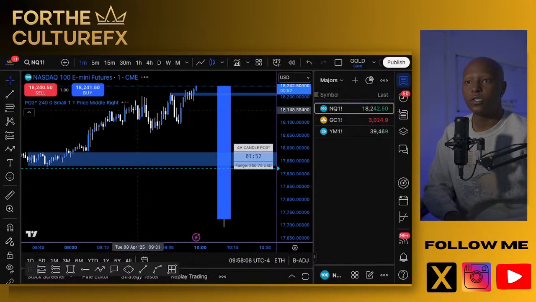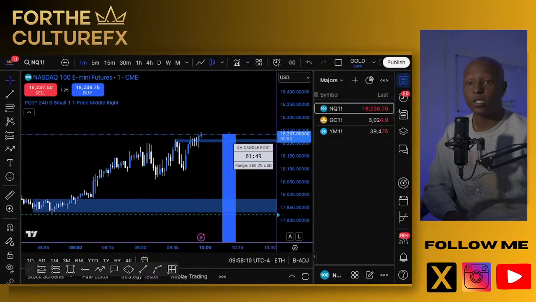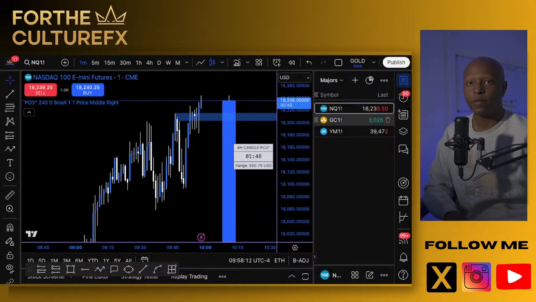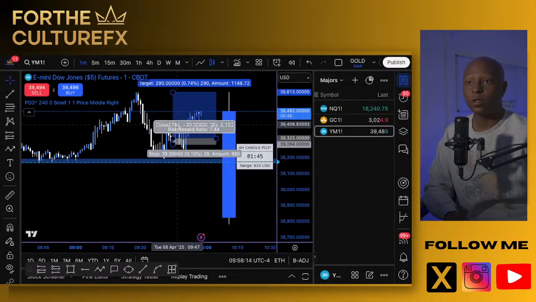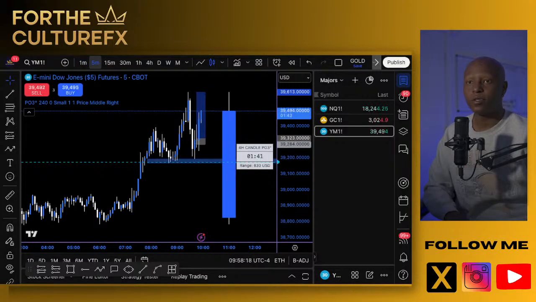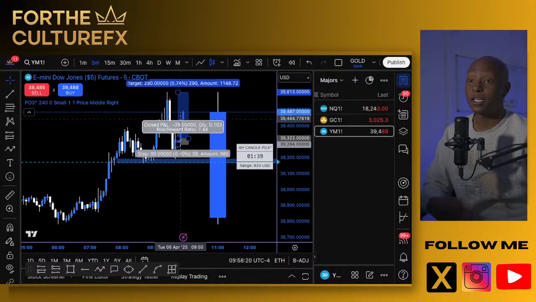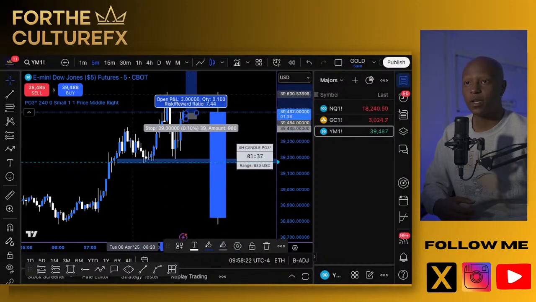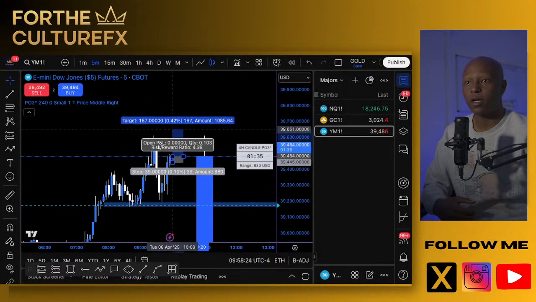In NQ, you can see this 5-minute candle just flipped bullish as anticipated. Price flipped bullish, continues pushing up. This 5-minute candle is bullish, so I may look to just scale into this next 5-minute candle, anticipating a 4-hour candle high break.